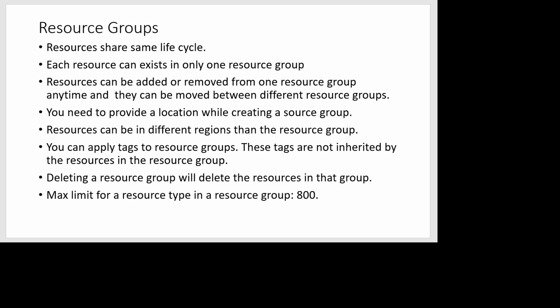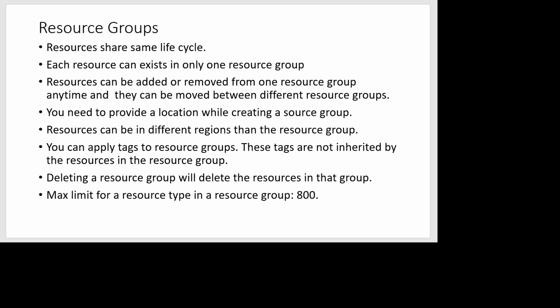Then you need to provide a location when creating a resource group. This region can be different from the region of the resources. So you might ask, in that case, what purpose does it serve to have the resource group in a particular region?